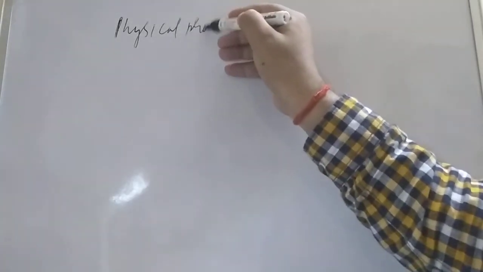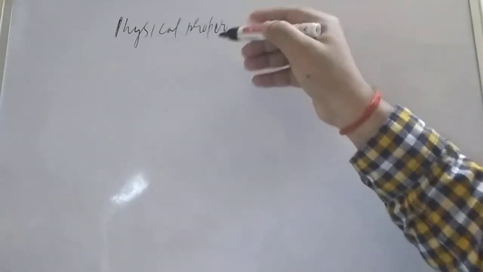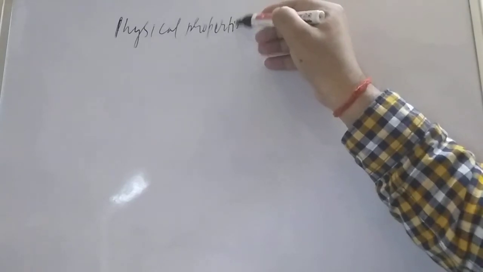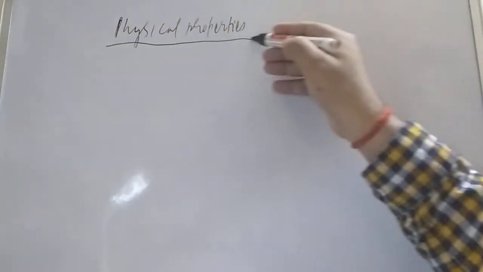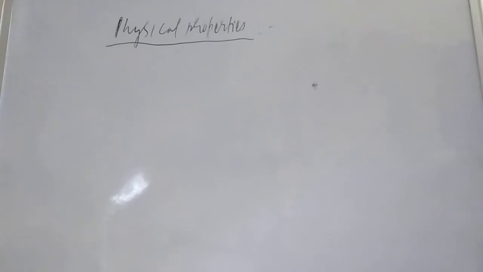When you are talking about H2SO4, this is a colorless, dense, oily liquid.